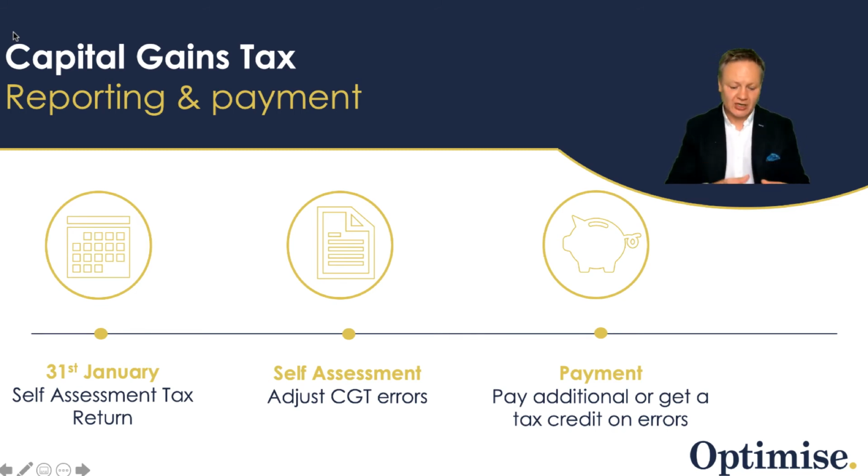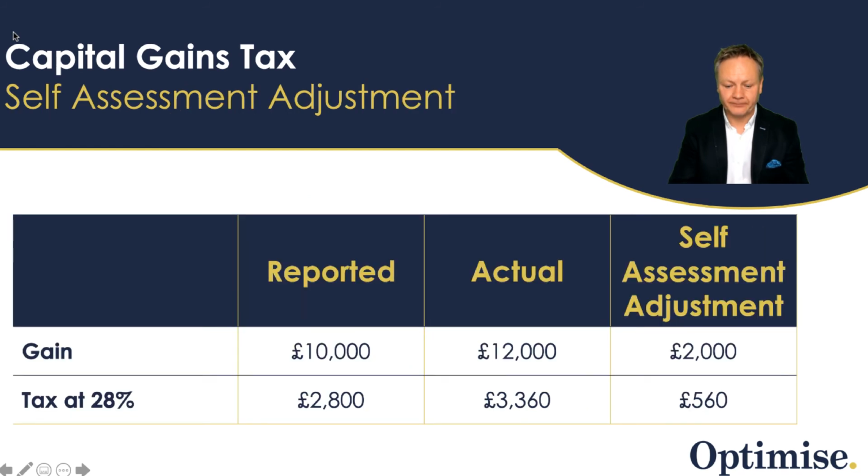So you've got some time, I'm sure, between the disposal reporting of 30 days and then completing your self-assessment tax return. But you must make a best guess estimate whenever you're doing your 30 days reporting. Now, whenever you've done your 30-day reporting, you might see that you had a gain of £10,000. And if you're a high rate taxpayer, as I mentioned before, ignoring capital gains tax annual allowances here, you would have had a CGT liability of £2,800, which you would have paid over to HMRC.